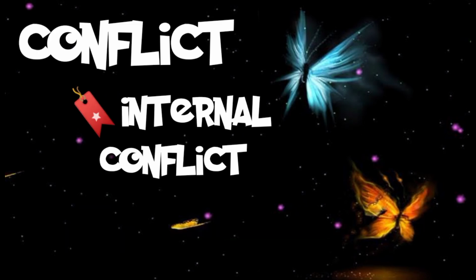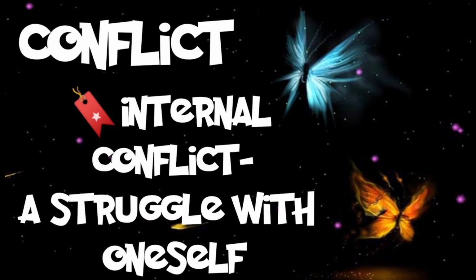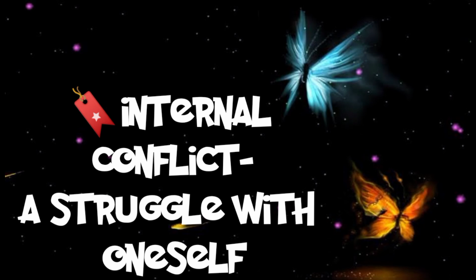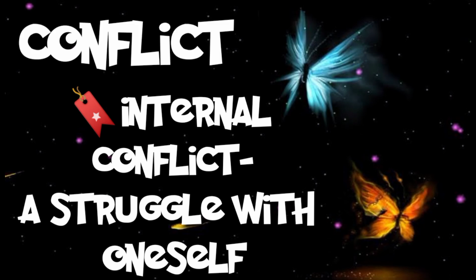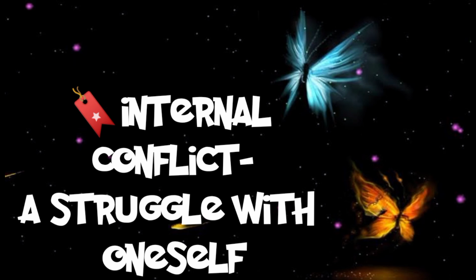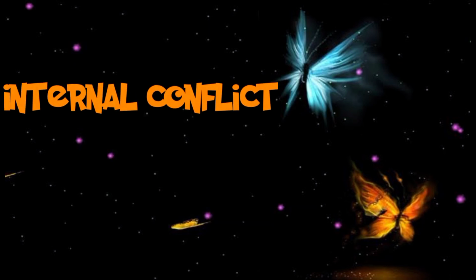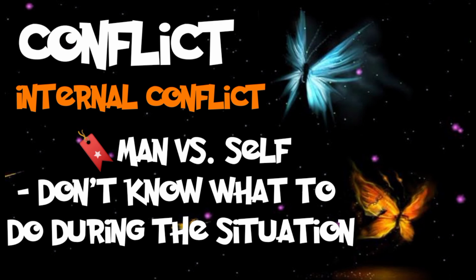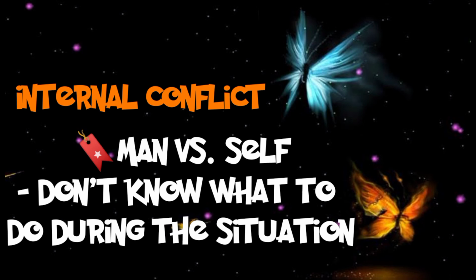And let's talk about internal conflict. It is a struggle with oneself. A person must make some decision, overcome pain, quiet their temper, resist an urge, etc. Internal conflict can be identified as man versus self. It is a type of conflict where a character has trouble deciding what to do in a particular situation.